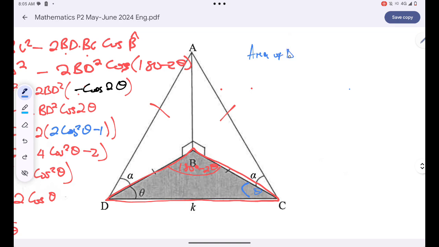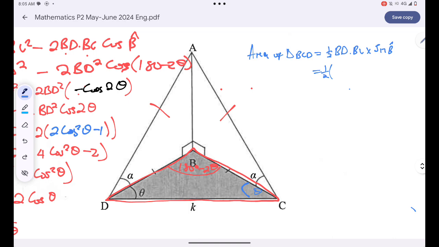Area of triangle BCD is equal to half the length of BD multiplied by the length of BC multiplied by sine of angle B. So that's 1 over 2.